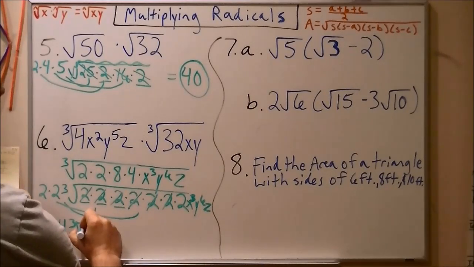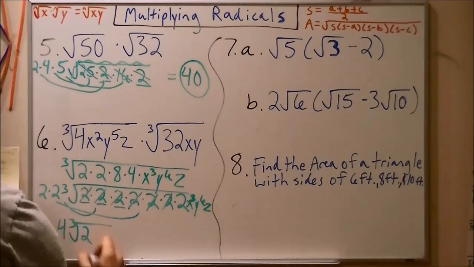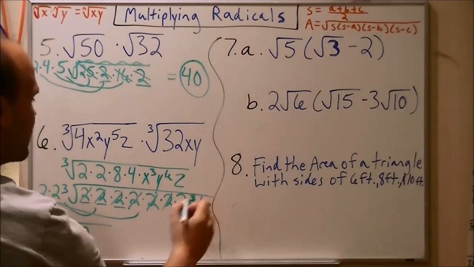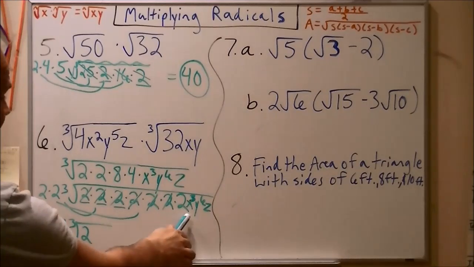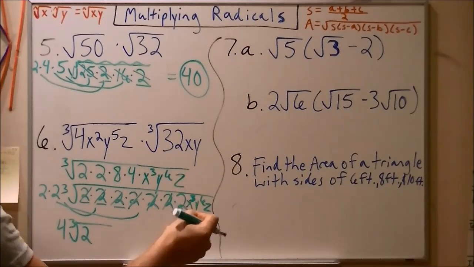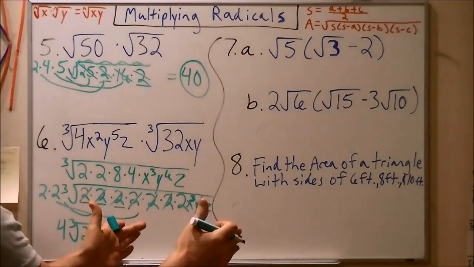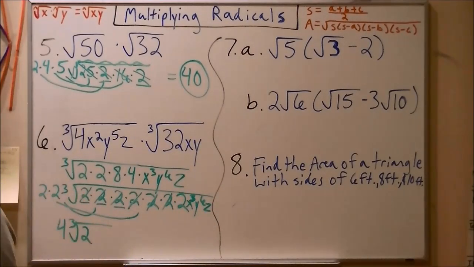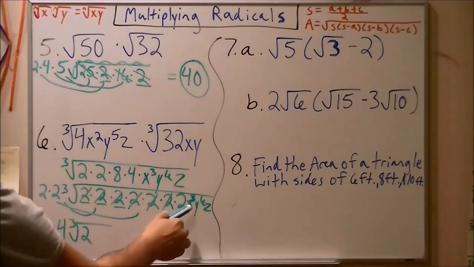I can't do anything with the 2 that's left, so I have to keep it under there because it's all underneath the cubed root. Now watch, I have x to the 3rd power. I could write it out x times x times x, and because I have 3, I know to pull 1 x to the outside, or I can do it this way that I showed you yesterday.